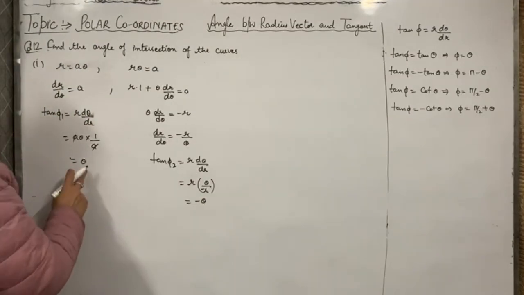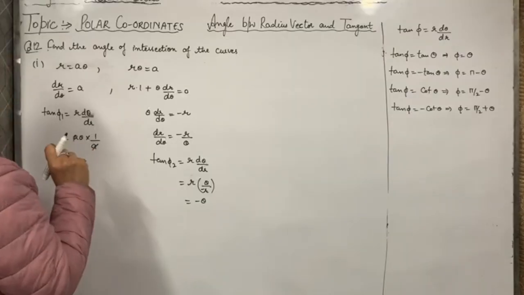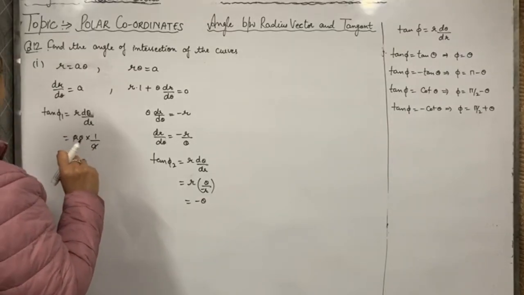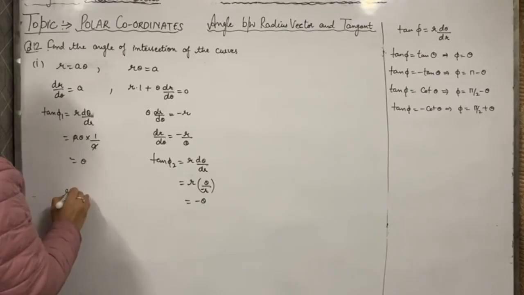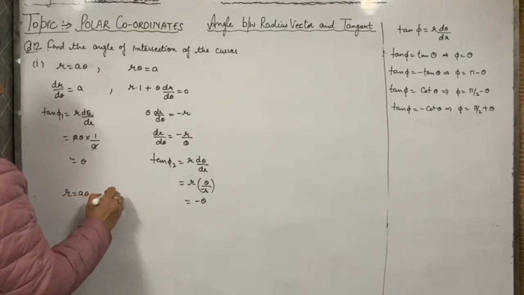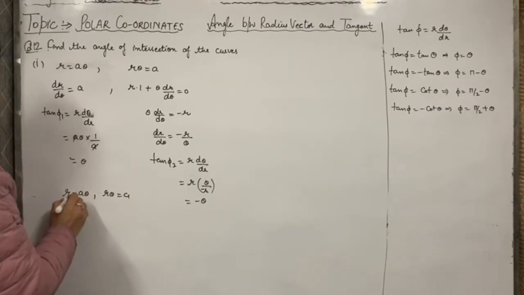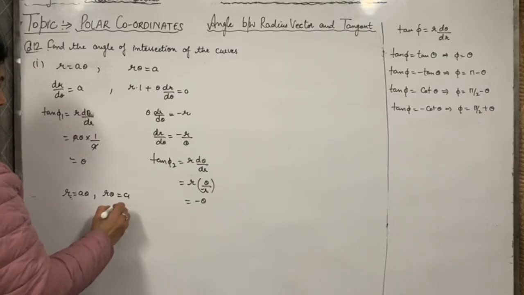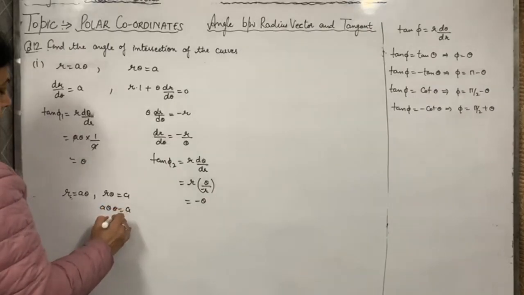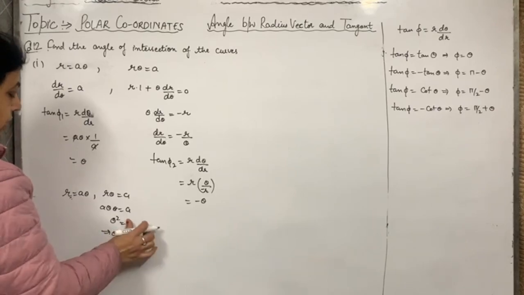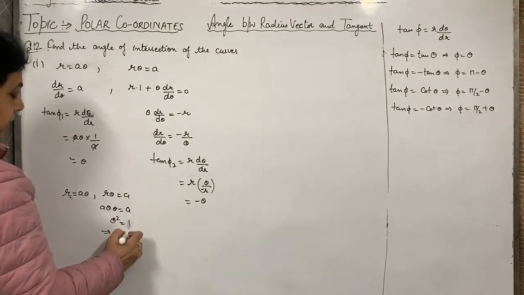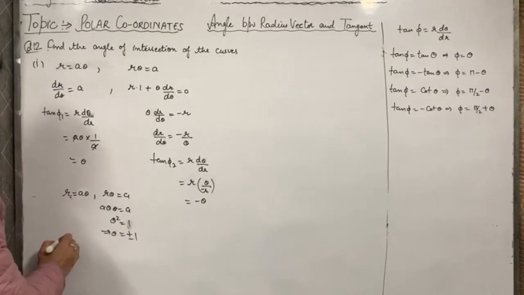Okay, here the answers are theta and -theta. Clear? Firstly, we will find the value of theta from these two. The first curve is r = a theta and the second is r theta = a. We will substitute the value of r here: a theta into theta is a. Theta square is a. Sorry, a cancels, so theta is plus minus 1.